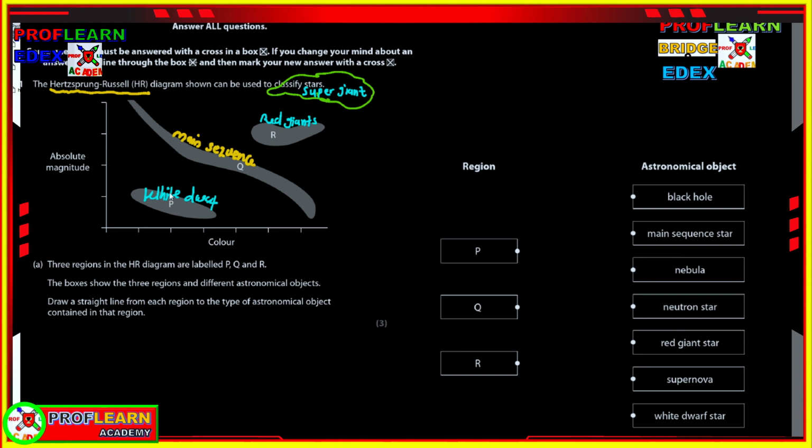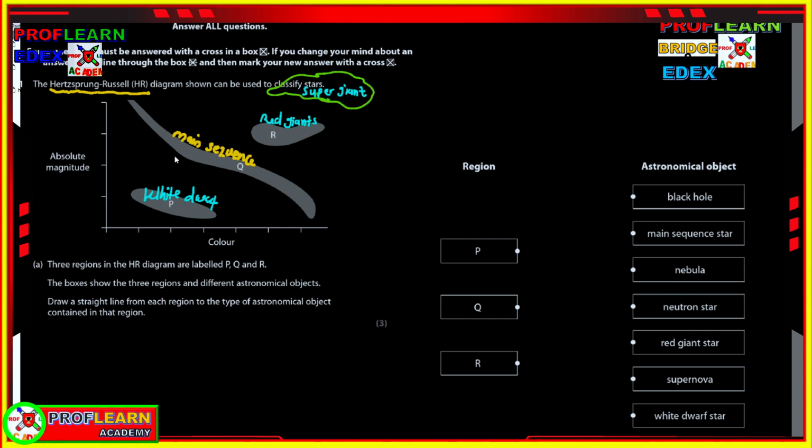So these stars which are closer to this region here, they are actually hot. And these stars which are on the upper part of the absolute magnitude axis represent very bright stars. You can see the main sequence represents the largest part, meaning that most of the stars are currently in the main sequence.